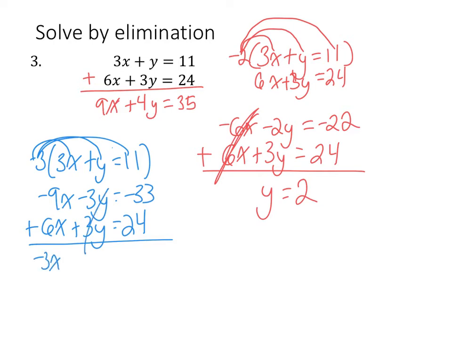My y's will be eliminated. -33 plus 24 gives me -9 divided by -3. It gives me x equals 3 this time, okay?